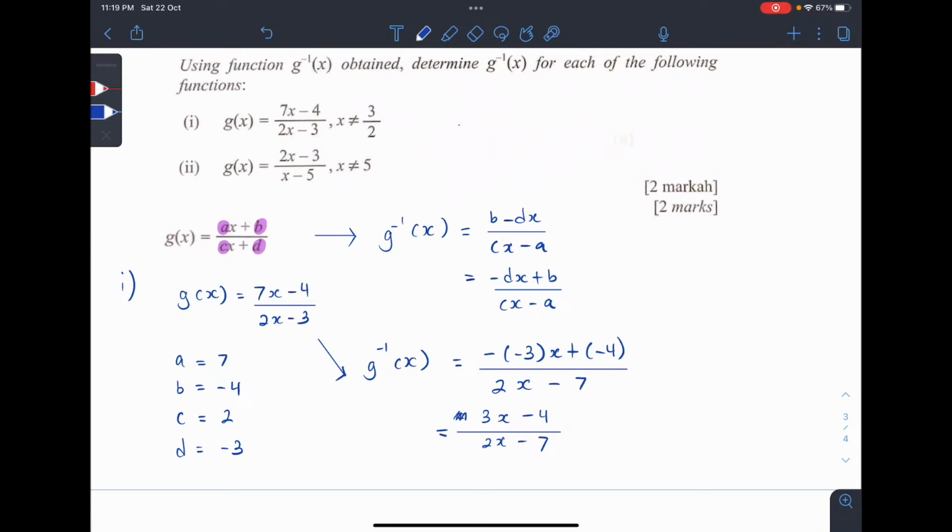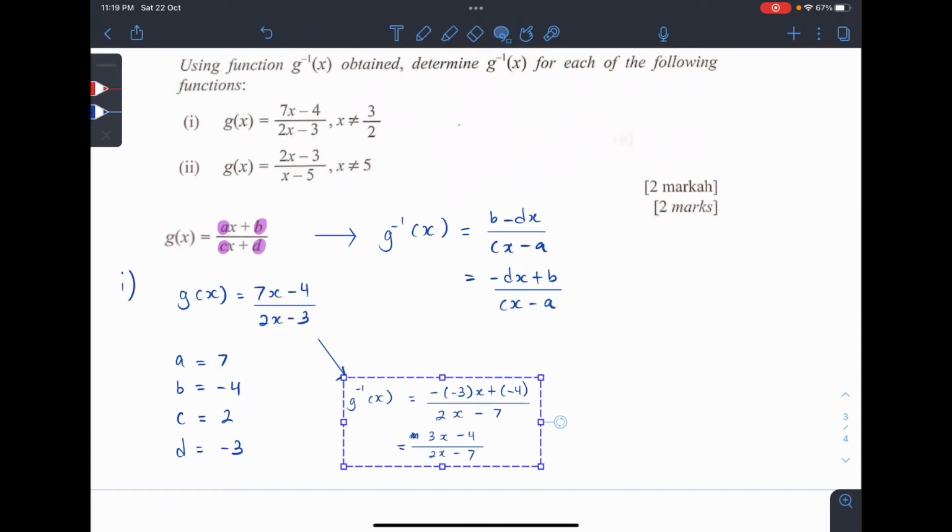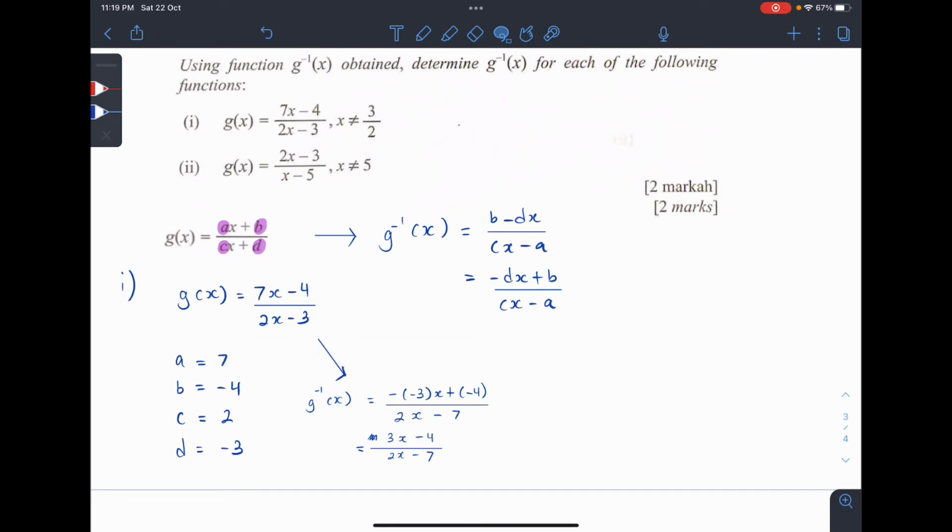We can do the same thing, guys, to the second question. Just draw a line here. So we have g(x) equals (2x minus 3) over (x minus 5).